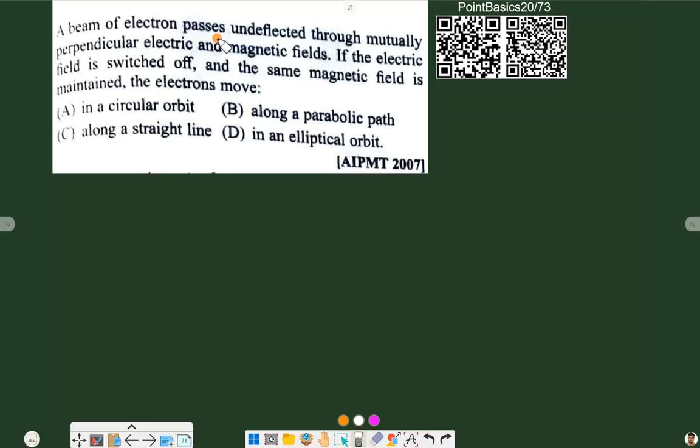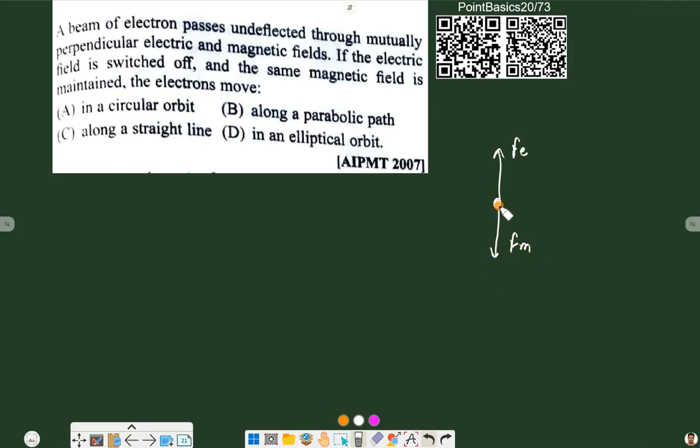A beam of electron passes undeflected through mutually perpendicular electric and magnetic field. If the electric field is switched off, the same magnetic field is maintained, the electron moves... So here, initially the beam was passing undeflected, means we can say as both electric and magnetic field were there, so electric force was balanced by the magnetic force.